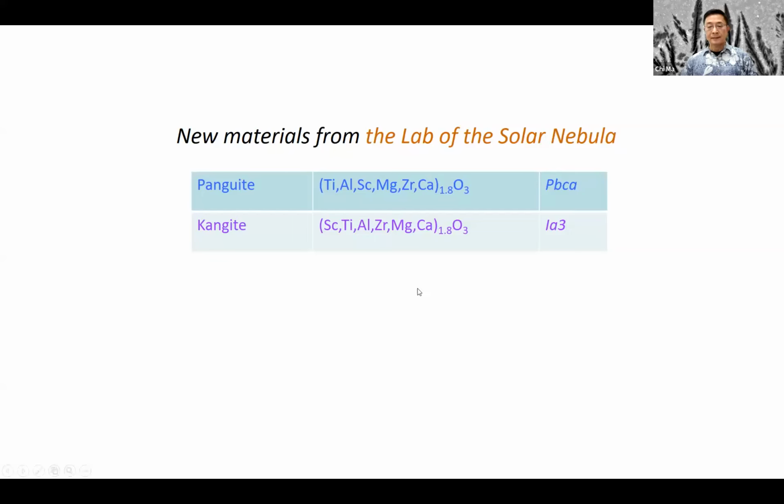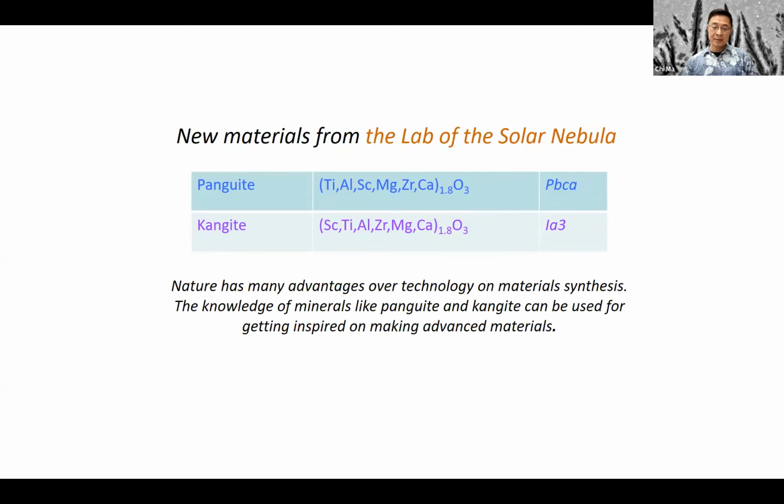And when we look at those cations, they have a different valence, different size, but within the structure, they occupy the same cation site. So it's very interesting. So nature has many advantages over technology on materials synthesized. So knowledge of minerals like panguite and kangite can be used to make advanced engineering materials.